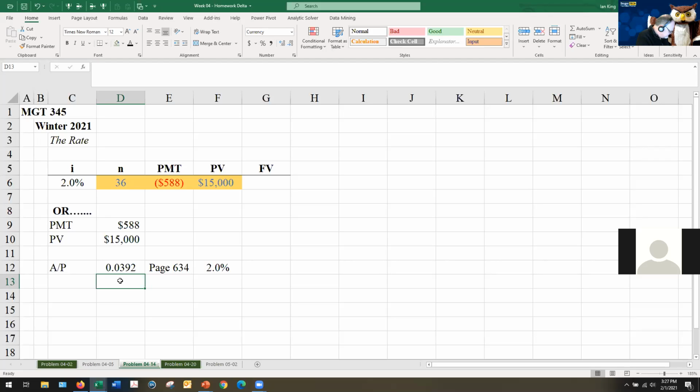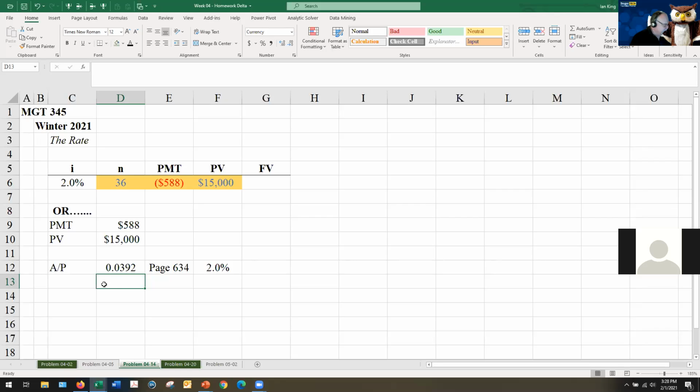When I was about to look up the factor for 3%, 36 months for the A/P, they don't have a 36. They go 31 to 35 to 40. They happen to have a 36 on 2% because they have a problem that asks for 2%. But they have it on 1% too.